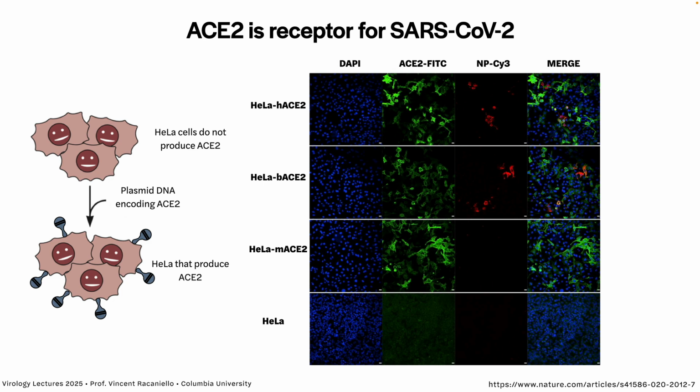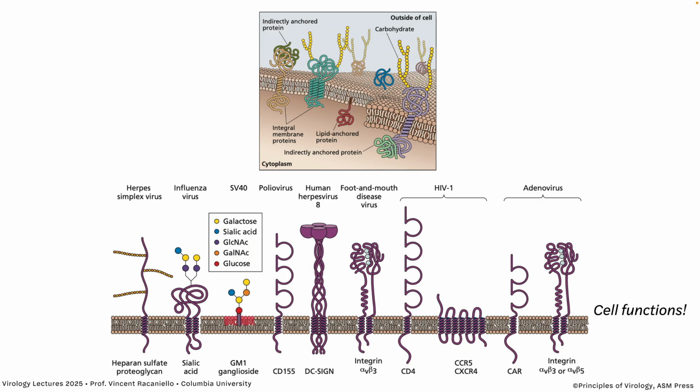You're not going to be able to do that. What you have to do, and what was subsequently found, is that you could make 1 or 2 amino acid changes in ACE2 of the mouse and get it to bind human SARS-CoV-2, or you could change the spike of SARS-CoV-2 and get it to bind mouse ACE2. Either way, we now have mouse models for SARS-CoV-2 for a long time.